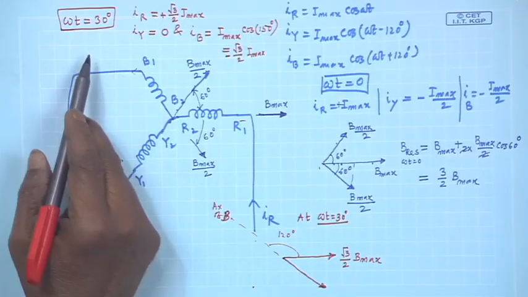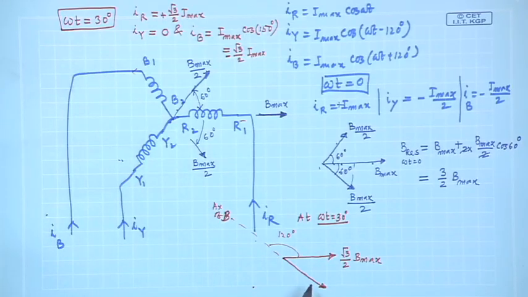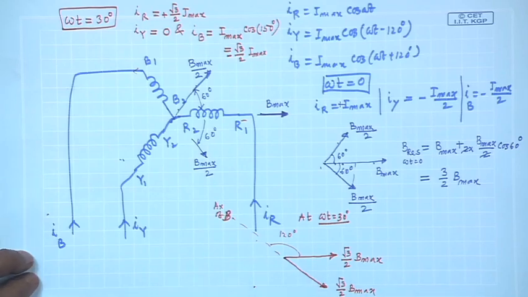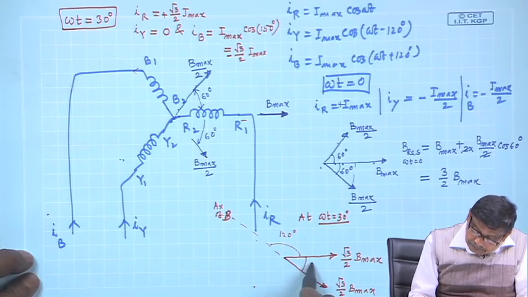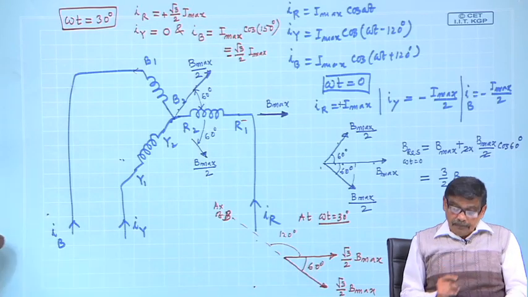B phase will have 120, and this field is negative of that. So, root 3 by 2 B max. I have shown the correct direction, that is why positive sign. So, we will continue with this. Thank you.